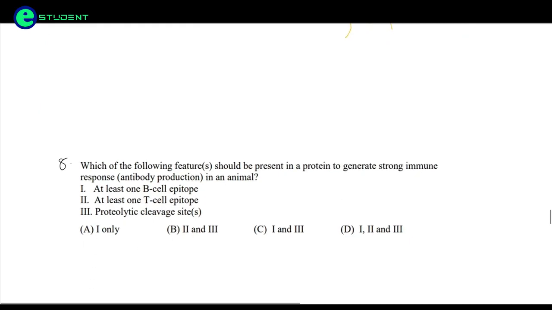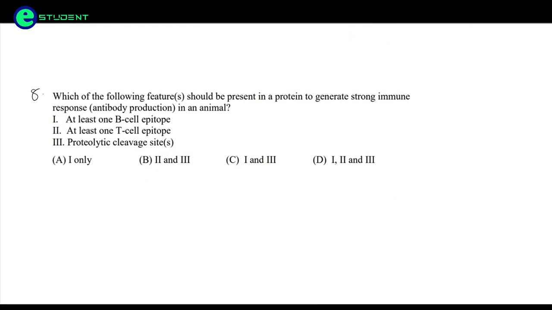Next question. Which one of the following features should be present in a protein to generate a strong immune response, antibody production, in an animal? Here they are asking which response is important to produce antibodies.